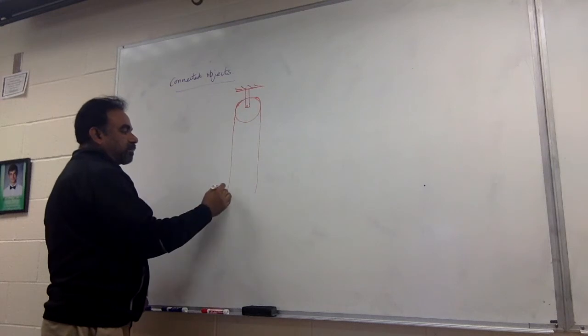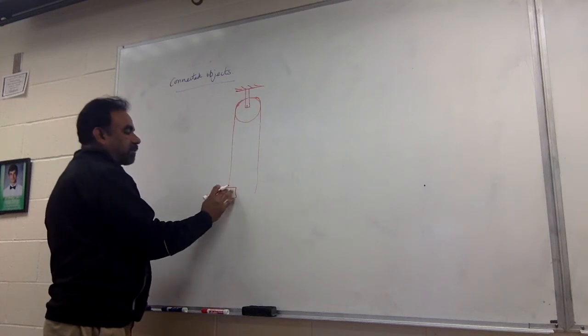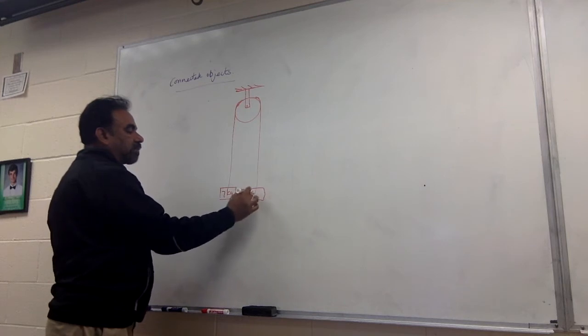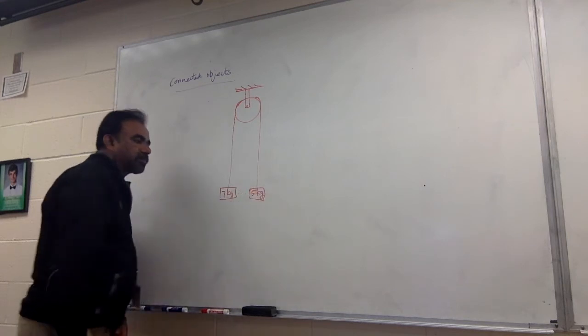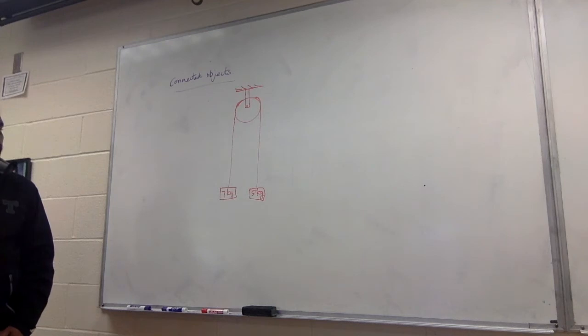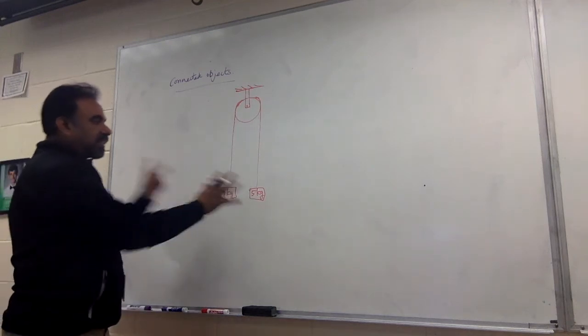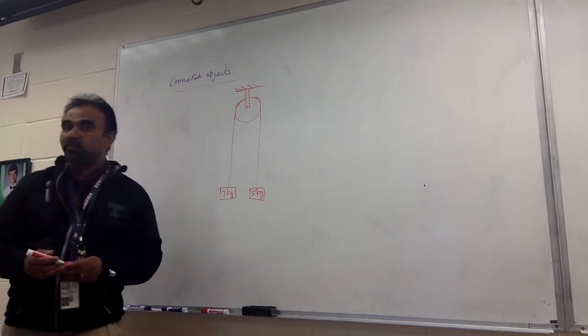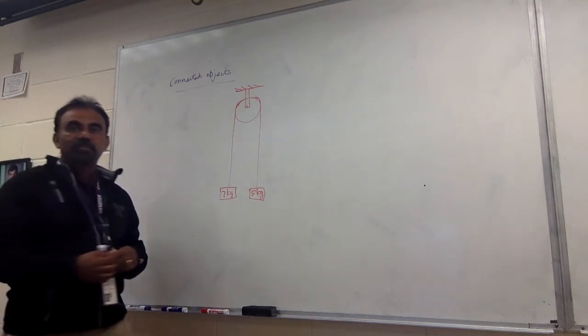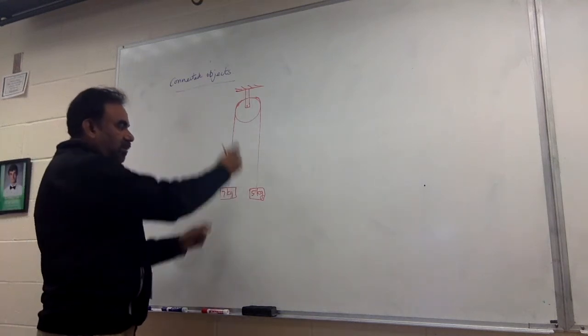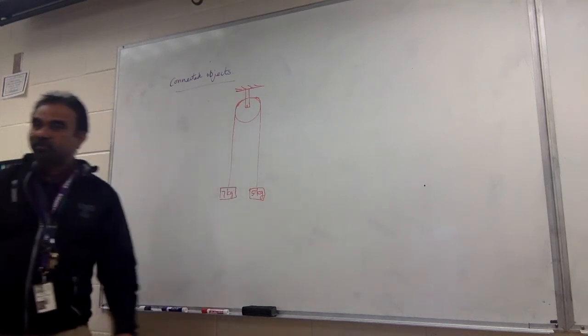There's a mass over here, 7 kilograms, and a mass on this side, 5 kilograms. If I release it from rest, if I leave it like that, which way do you think it will move? Clockwise, counterclockwise, or not move at all?